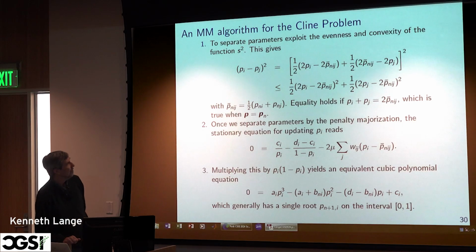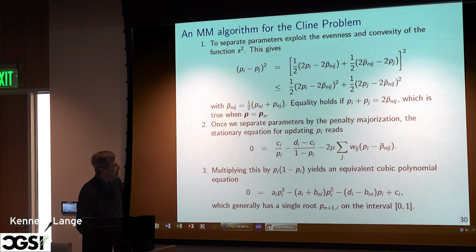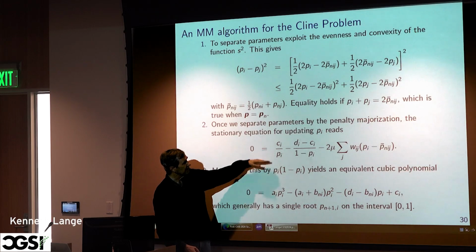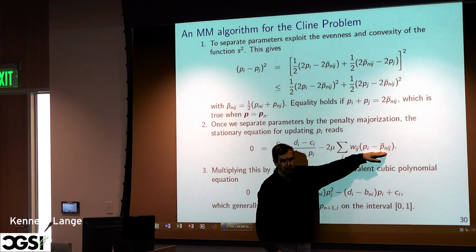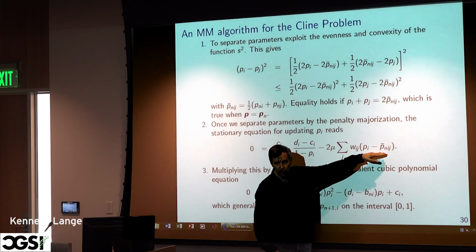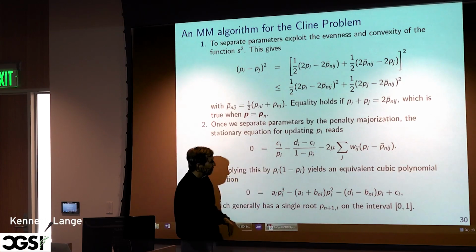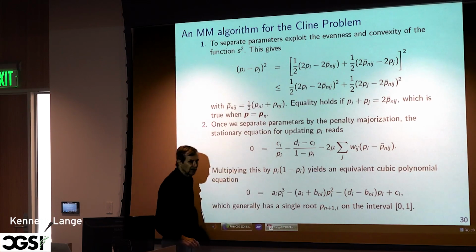And if you differentiate with respect to p_i, you get an equation that depends only on p_i. It can depend on the other p's, but only through their current known values. So you need to solve this equation. What you do is you multiply through by the right factor.